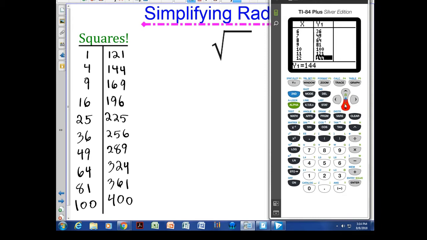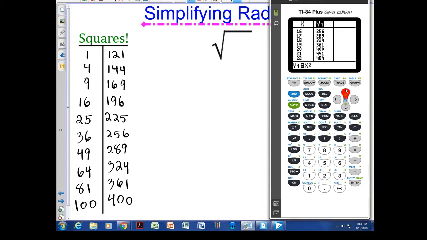There's 11 squared, 121, 12 squared, 144, 169, 196, 225, 256, 289, 324, 361, 400, and of course they still keep on going. The nice thing about this is that not only do you have the square numbers in the y column, but you have their square roots in the x column.